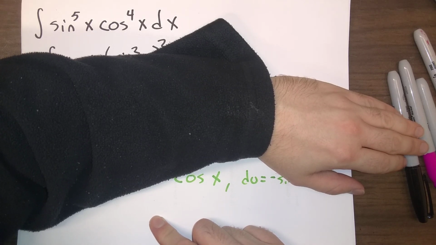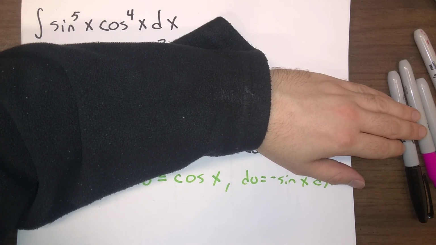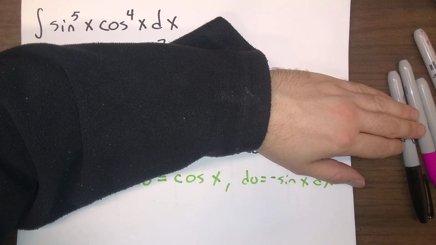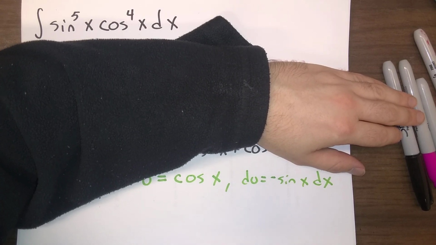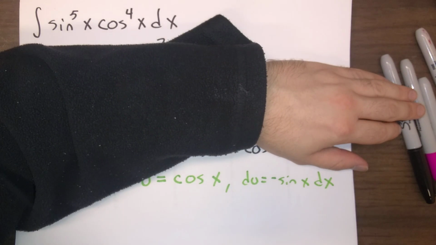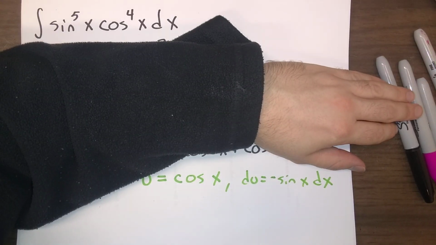If we say u is equal to sine x, we've got a factor of cosine x, but with the 4 factors of cosine x, we don't know what to do. If u is cosine x, that's u to the 4th, and we've got a factor of sine x to play along in our du, but it's not clear what to do with the other 4 factors of sine x.